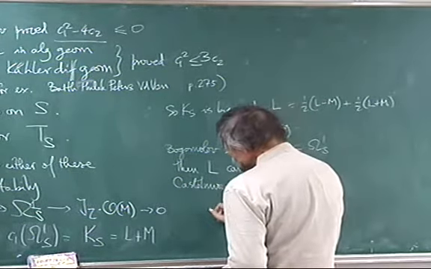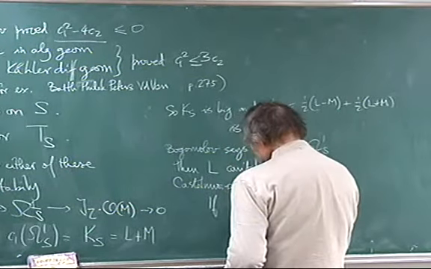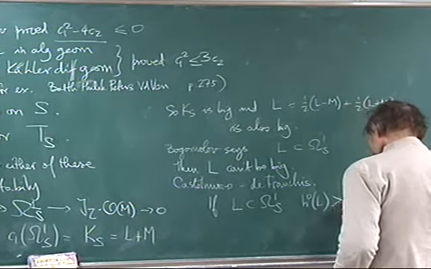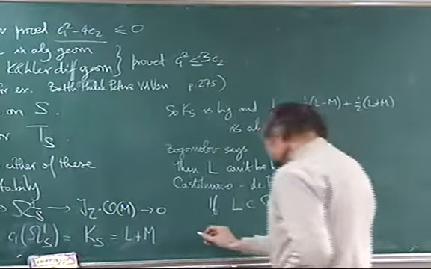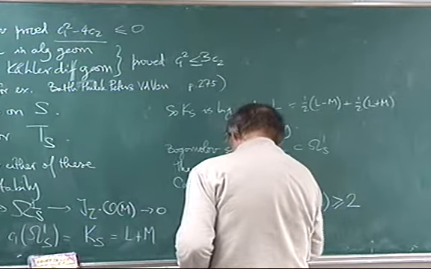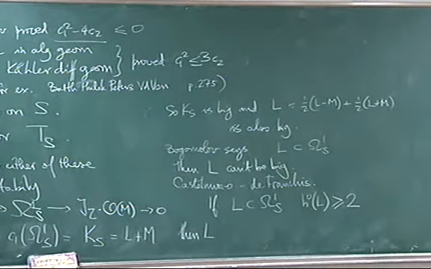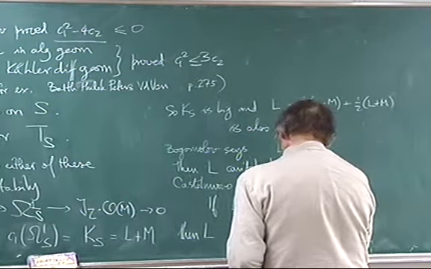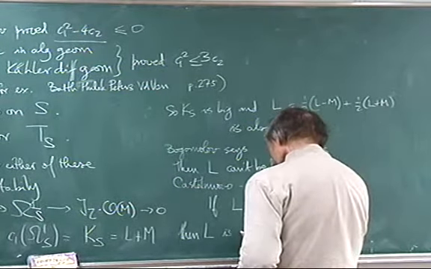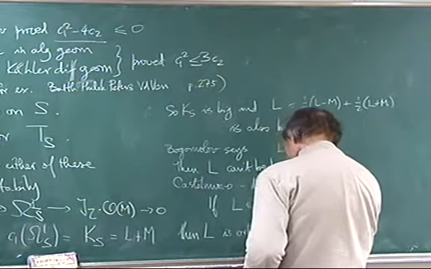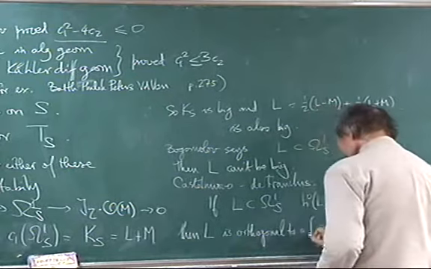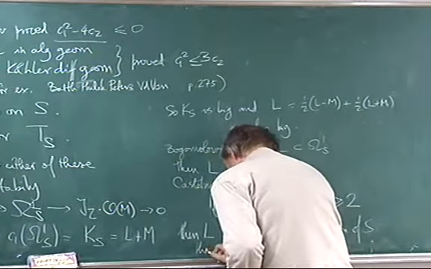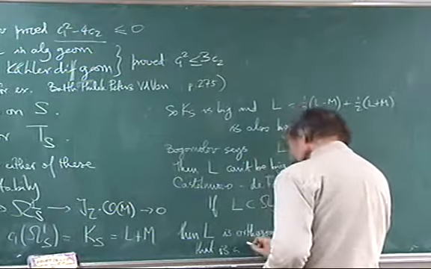The argument says if L is in Omega^1_S and H^0 of L is greater than or equal to 2, then L defines a foliation, then L is orthogonal, perpendicular to a foliation of S that is a fibration.